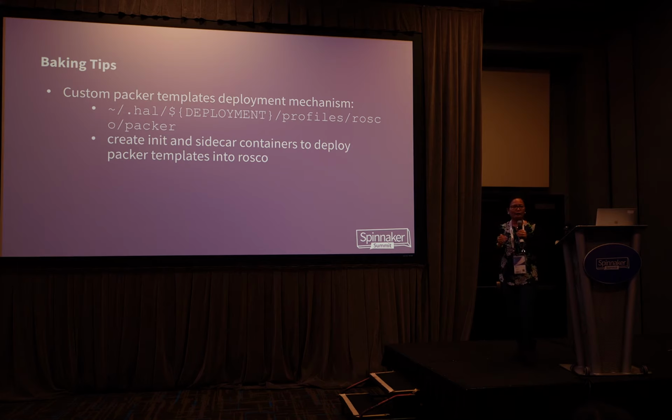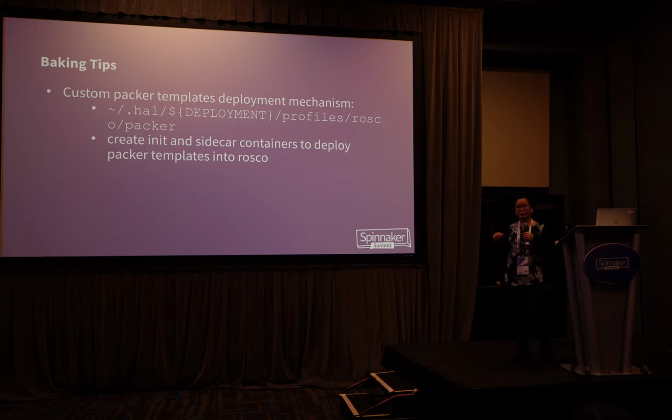So if you have a long list of Packer templates or they're sizable, you have to do it a different way. You have to create an init container and/or sidecar containers to load all of those into the Roscoe pod upon startup. So if your Packer templates are pretty static, then you're good with the init container.